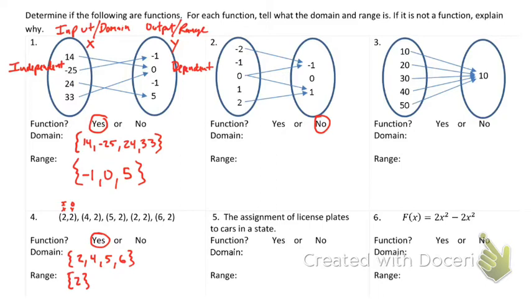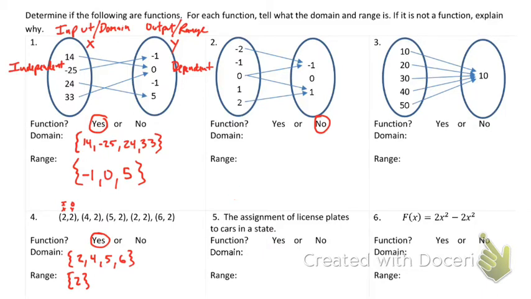All right. So number 5 is trying to give you a different type of scenario, not using numbers, but using, I guess you could say, a real life situation. So they want to know if the assignment of license plates to cars in a state is a function. Okay. So think of it this way.